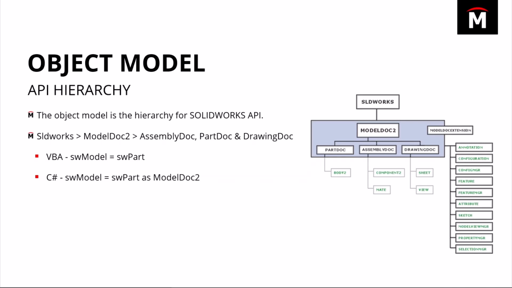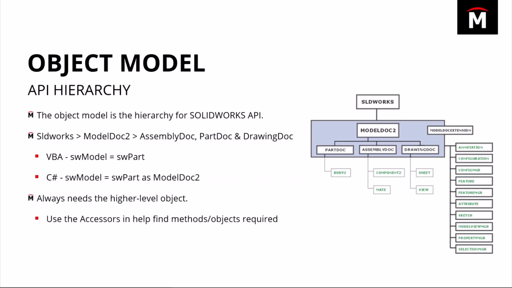Now, if we need access to specific functionality, say in a drawing that manipulates a view or an assembly that manipulates a mate, we may need to get a pointer to some lower level interfaces like PartDoc, AssemblyDoc, or DrawingDoc, which implement ModelDoc, which is to say a PartDoc is a ModelDoc.